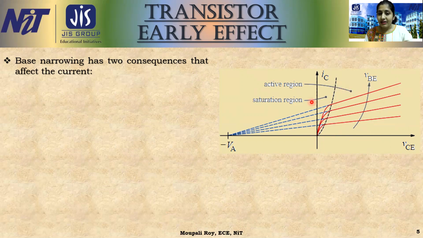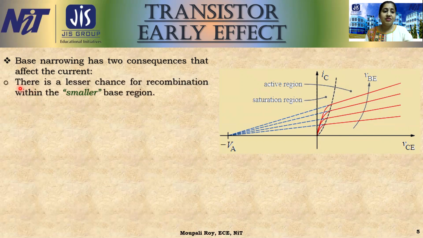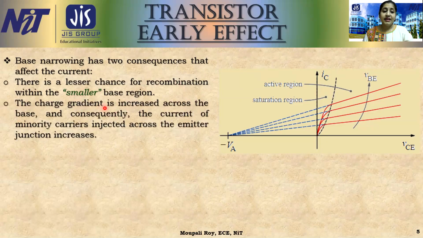This is our active region, this is our saturation region. There is a lesser chance of recombination within the smaller base region. The base region is very small. The charge gradient is increased across the base, and consequently the current of minority carriers injected across the emitter junction increases.